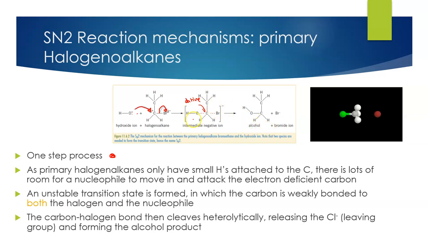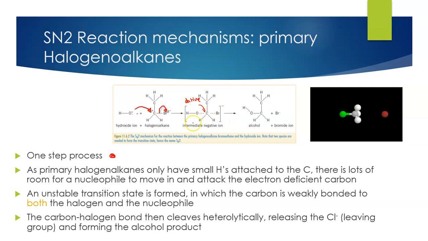We draw this intermediate where we have both attached with dashed lines between the nucleophile, and you will notice it no longer has that lone pair or negative charge being shown on it, and dashed lines to the halogenoalkane to show that neither of these bonds are fully formed at this time.